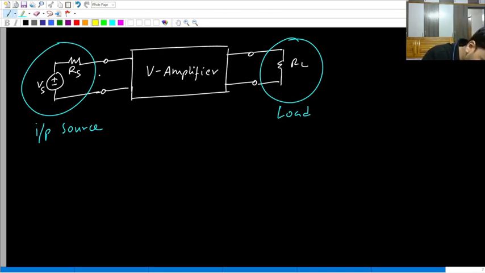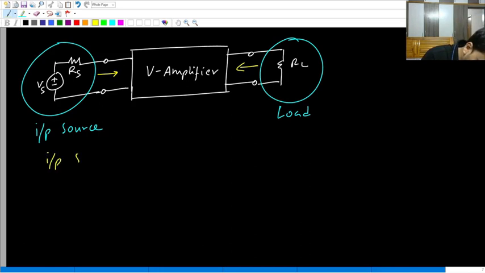The input source will always continuously look in this direction, towards the right. If the input source is looking towards its right, is it not looking into the input port? And the load will always look in this direction, which means the load is continuously looking into the output port.